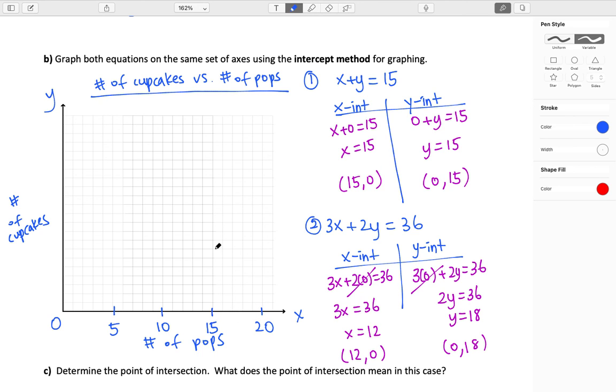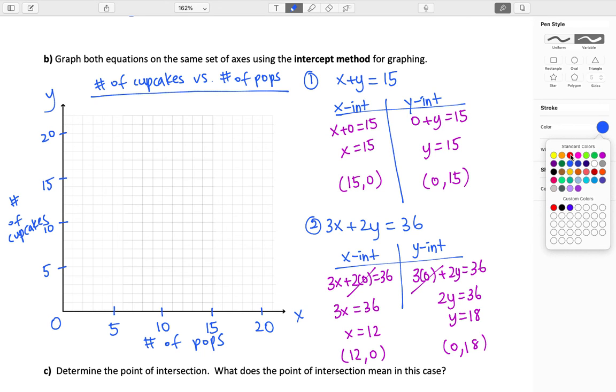And for number of cupcakes, for my y value, I'm going from 15 all the way to 18. So same thing, I'm going to let each 5 spaces be represented by 5, 10, 15, 20.